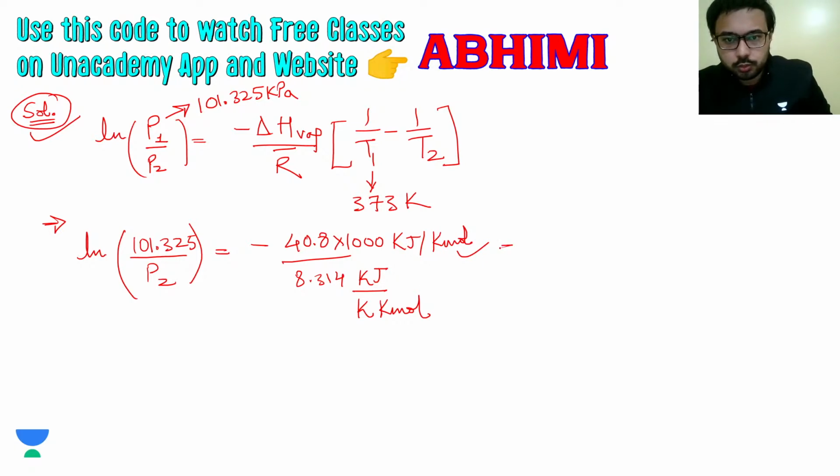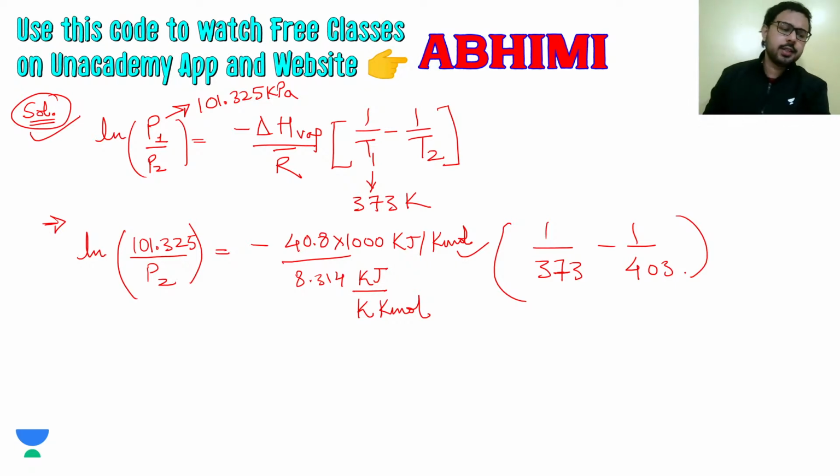Now one more thing, we have to multiply this with the temperature terms inside the bracket. So this will be 1 by 373 minus 1 by 403, because 130 degrees Celsius in Kelvin will be 403.